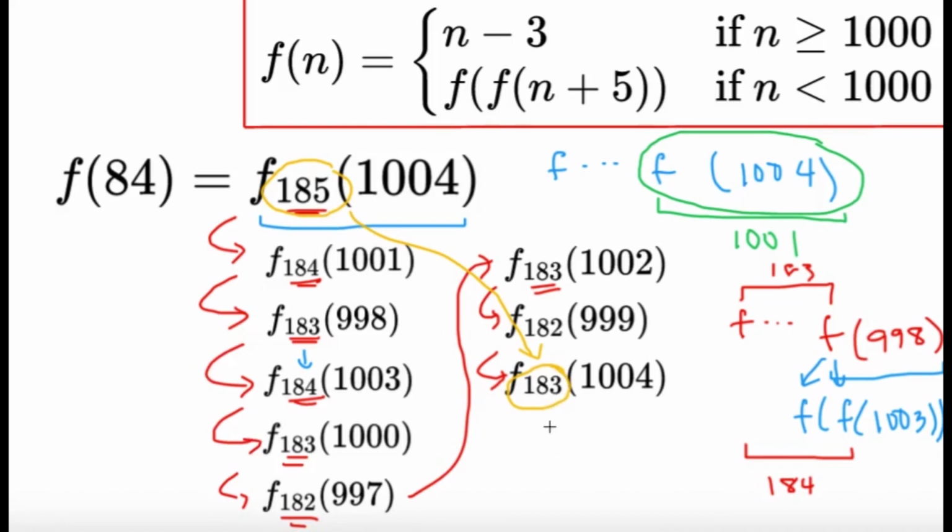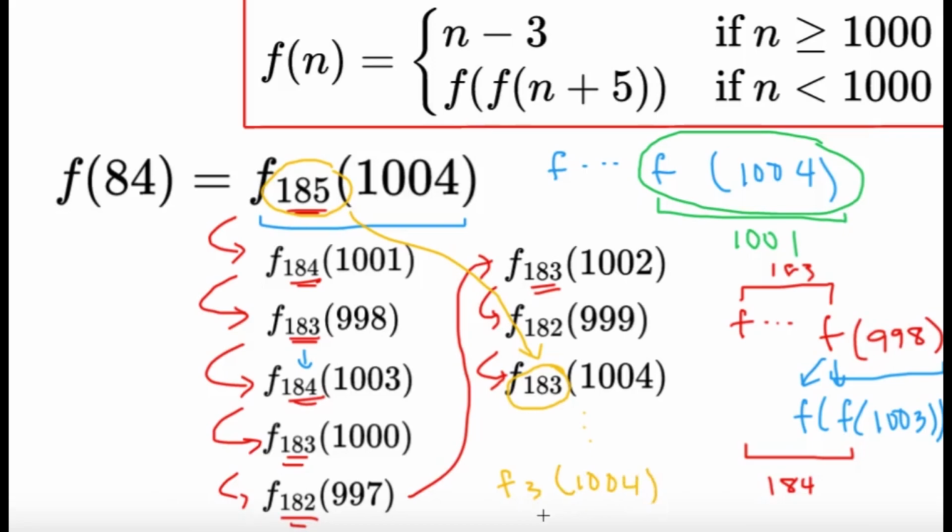If I continue the pattern, I'll get F sub 181, because we just keep subtracting by 2. This just comes from the small pattern finding we have. So F sub 185 of 1004 is the same as F sub 183 of 1004, which equals F sub 181 of 1004, and so on, until we get F sub 3 of 1004.